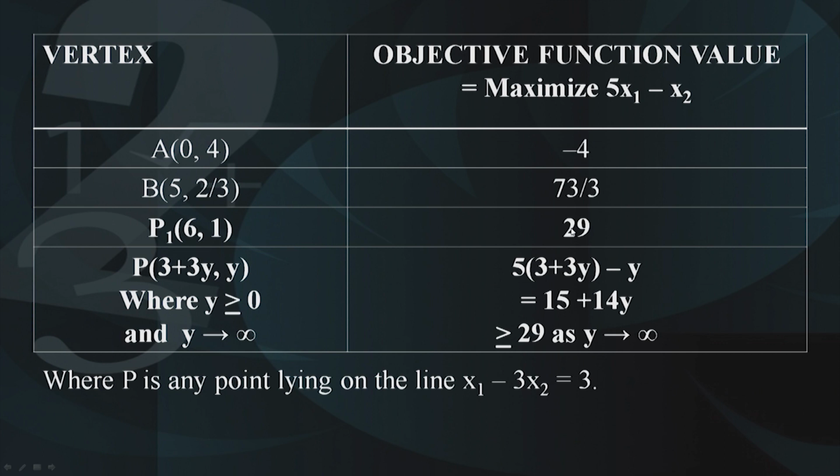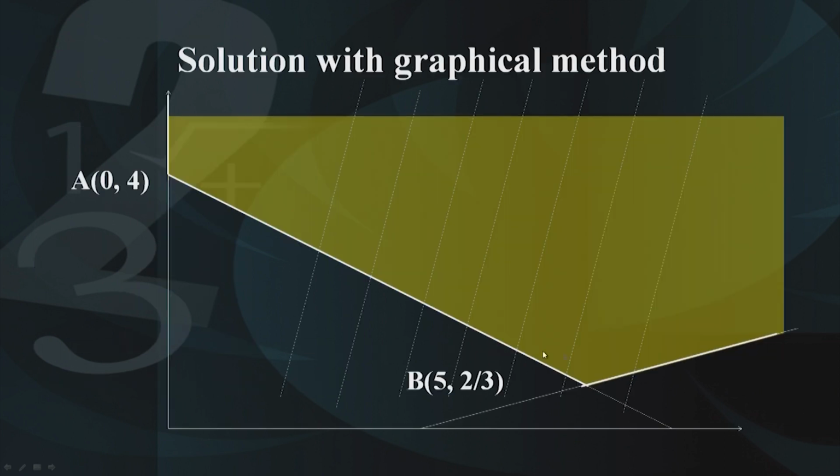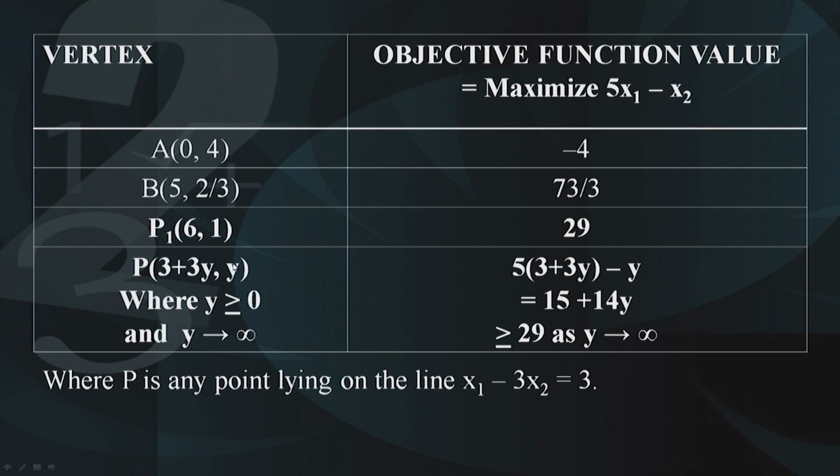Now, suppose I take any point P on this line segment. What will be its coordinates? Since this point P is lying on this line segment, its general form will be of the type (3 plus 3y, y).